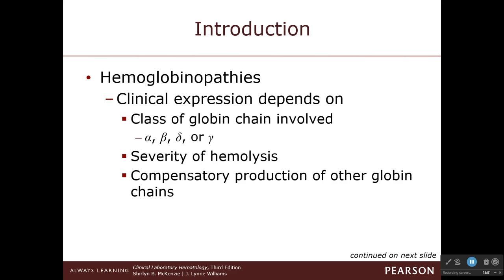Okay? So instead of dying, our body just upregulates the gene production of gamma and A2. So you see an increase in gamma and delta, so you end up seeing an increase in hemoglobin F and hemoglobin A2 in patients that have beta thalassemia, okay? Now, alpha thalassemias does the same thing, but we'll talk about it.